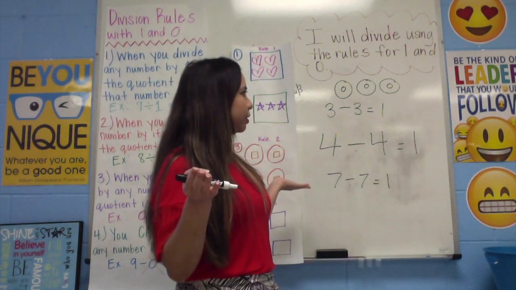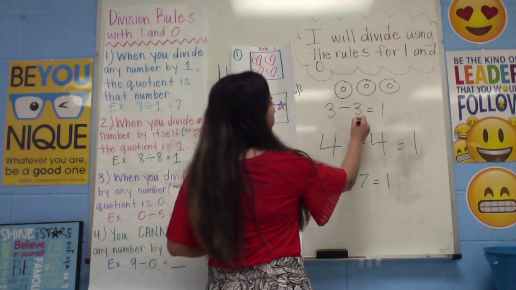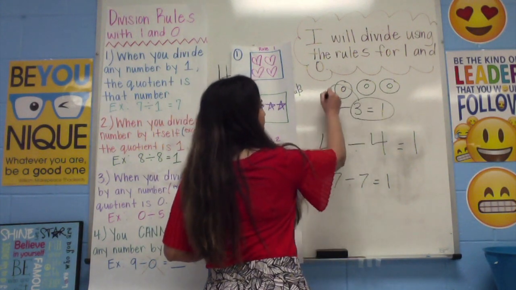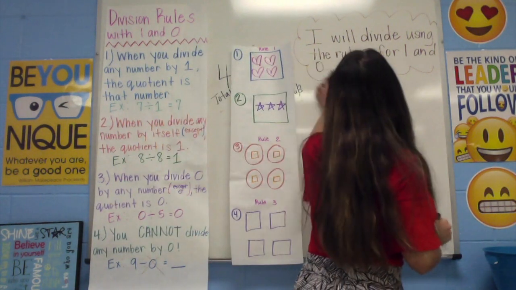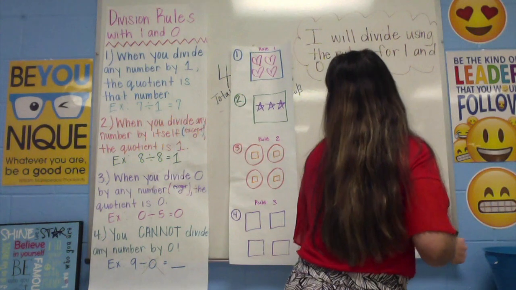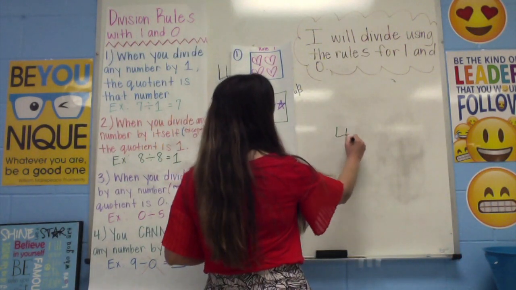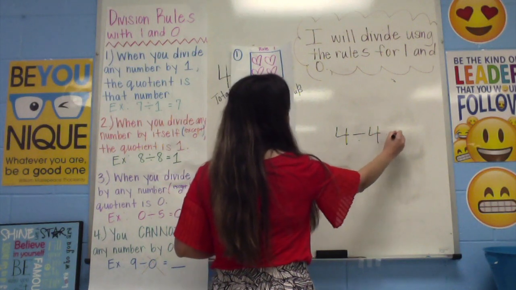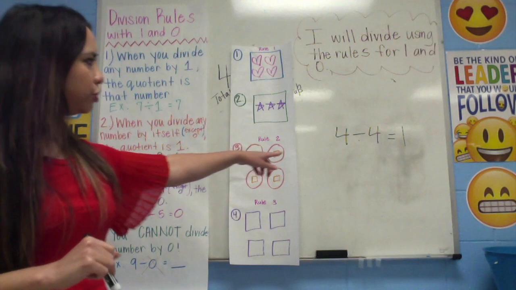How many circles are in each group? 1. And we can check our work. We know 3 times 1 equals 3. All right, so that was rule number 2. When you are dividing any number by itself, they are the same numbers, 4 divided by 4. When you divide any number by itself, the quotient will be 1.